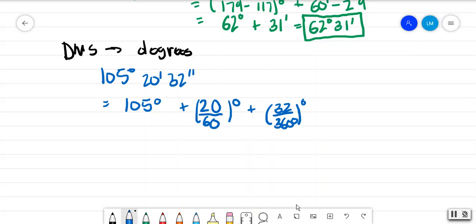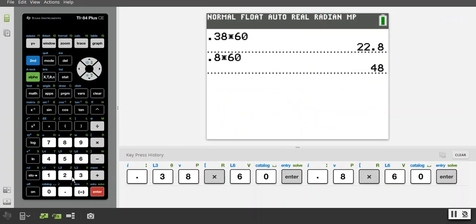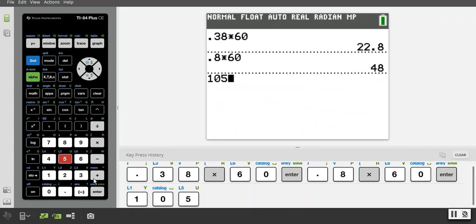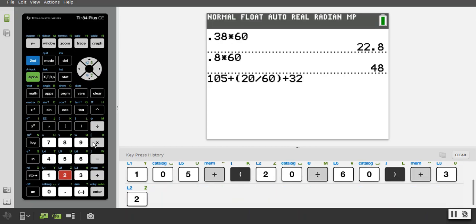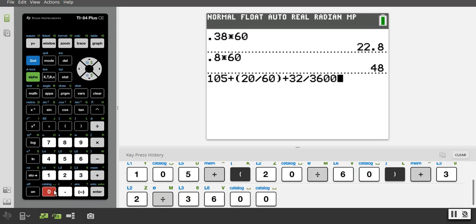Now let's move on to the calculator because now we can do that really easily. So we have 20 divided by 60 plus 32 divided by 3600, and then we hit enter. That gives me 105.352.